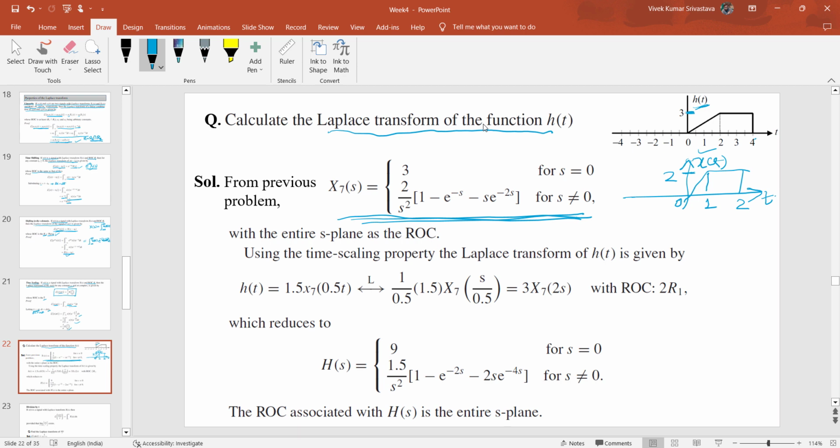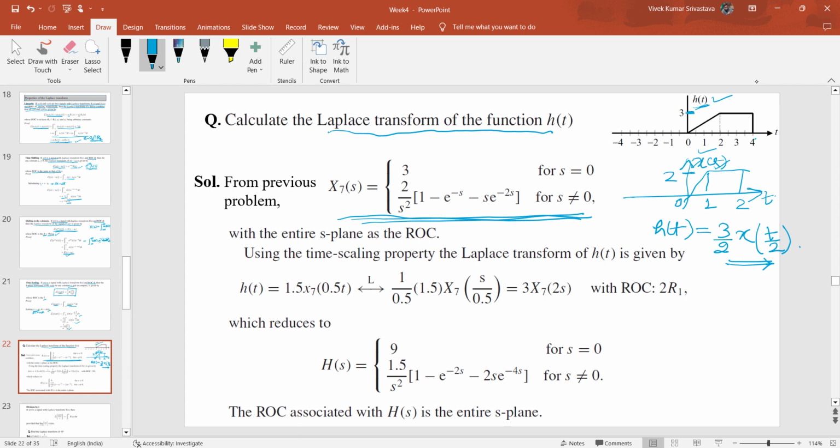So h of t is both time scaling as well as amplitude scaling of x of t. The new signal h of t is defined in terms of x of t as 3 by 2 into x of t by 2. From our first class we have seen signal transformation.